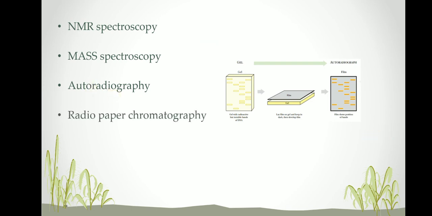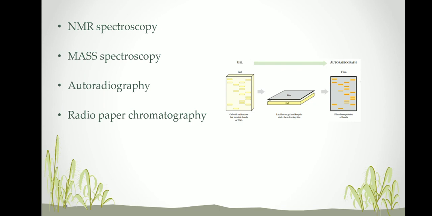And the last one is radio paper chromatographic technique. Here radio papers are used for the development, and that technique is carried out for the studies. So these are the various detection techniques: Geiger-Müller counter, scintillation counter, gas ionization chamber, NMR spectroscopy, mass spectroscopy, autoradiography, and radio paper chromatography.